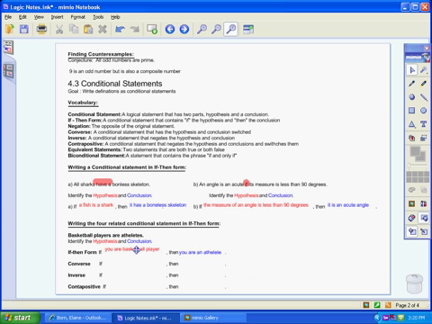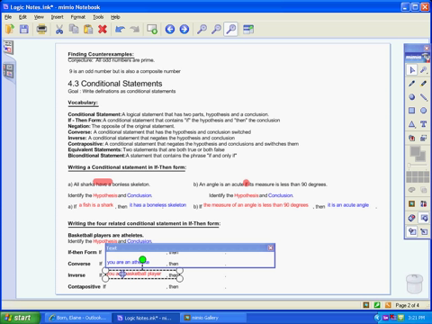Okay, converse. Going back up here to the definition, you just switch it. So if you are an athlete, then you are a basketball player. So those are just swapped. Okay, inverse. I negate my original hypothesis. So let's come down here and move my original back.